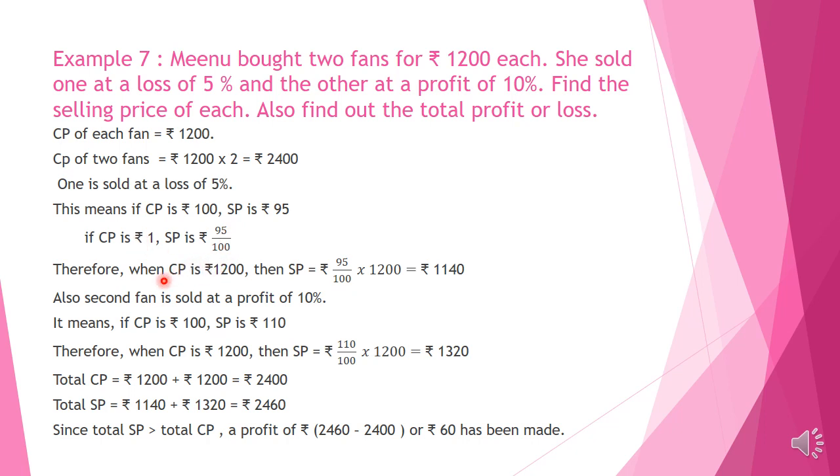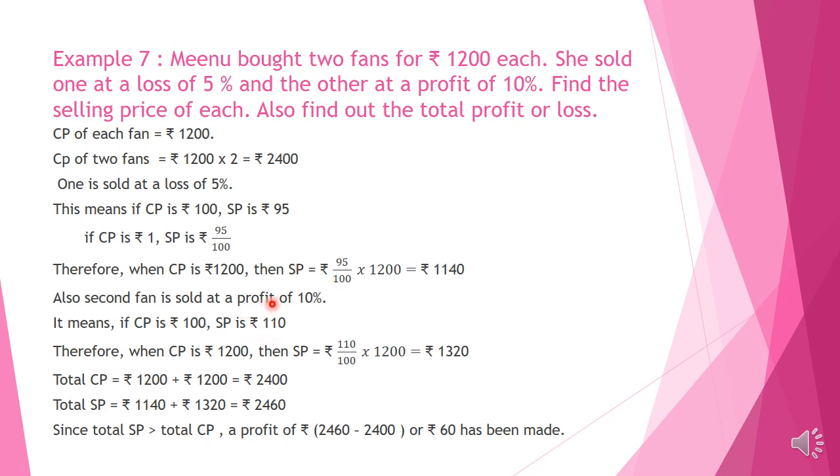Therefore, if CP is rupees 1,200, then SP equals 95 by 100 into 1,200, and on simplification you get rupees 1,140. Similarly, we have to find the selling price of the second fan. Second fan is sold at a profit of 10%. It means if CP is rupees 100, SP is rupees 110.